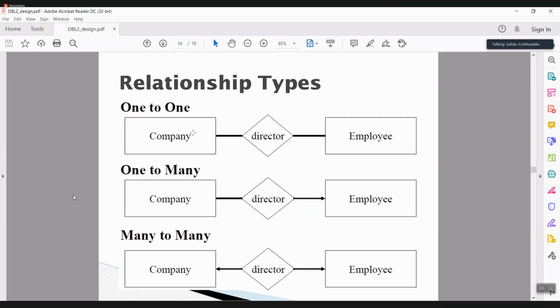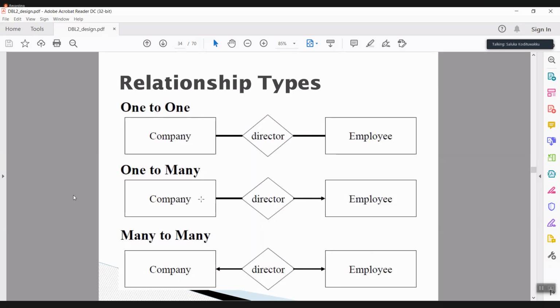If it is a one-to-one, then two entities get involved, company and employee. Those are represented with labeled rectangles, and the relationship is director: company, director, employee. It is a one-to-one relationship, therefore only two line segments are used to connect the relationship and the two entities.